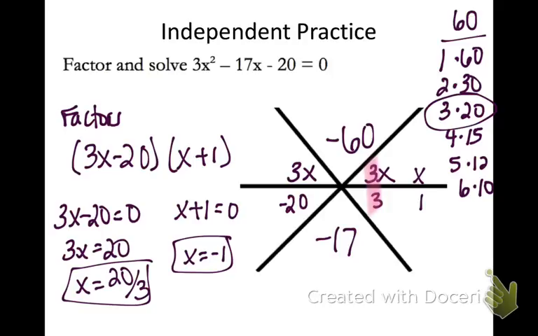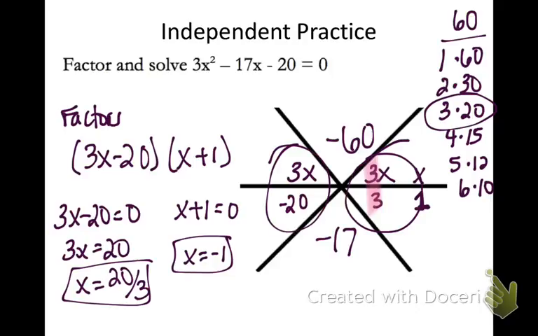The factors that I found that multiply to negative 60 and add to negative 17 are 3 and 20, but I needed to put a negative with the 20 in order for it to make negative 17. After I had my two sides filled in, I saw that the left side was completely simplified. I couldn't divide 3 and negative 20 by the same number. But on the right side, I was able to divide both of them by 3, so I got x over 1.